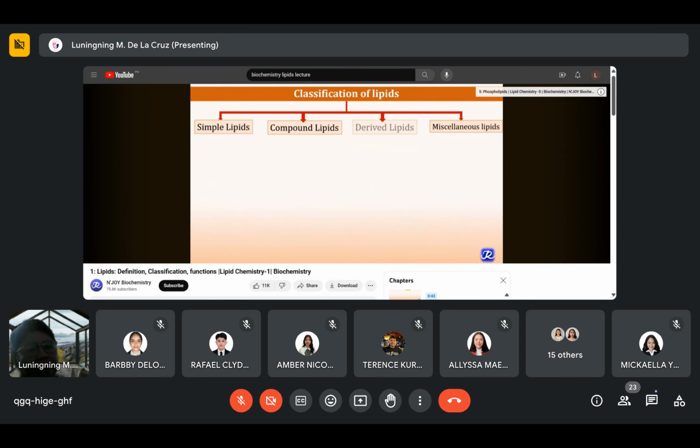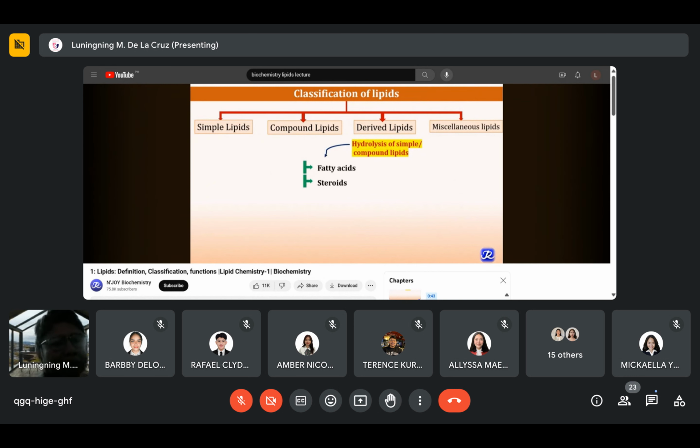The third class of lipid is derived lipids, and these lipids are obtained on hydrolysis of simple and compound lipids. The examples are fatty acids, steroids, which contain steroid hormones like mineralocorticoid, glucocorticoid, estrogen, progesterone, testosterone, etc. Eicosanoids, which are derived from arachidonic acid, which are 20 carbon compound, and the examples are prostaglandins, leukotrienes, lipoxins.